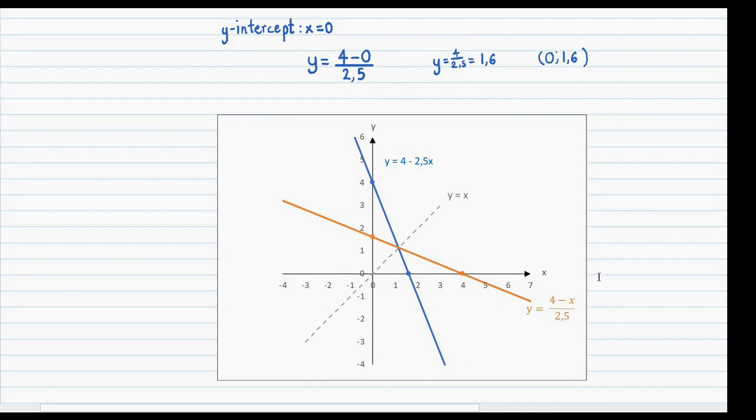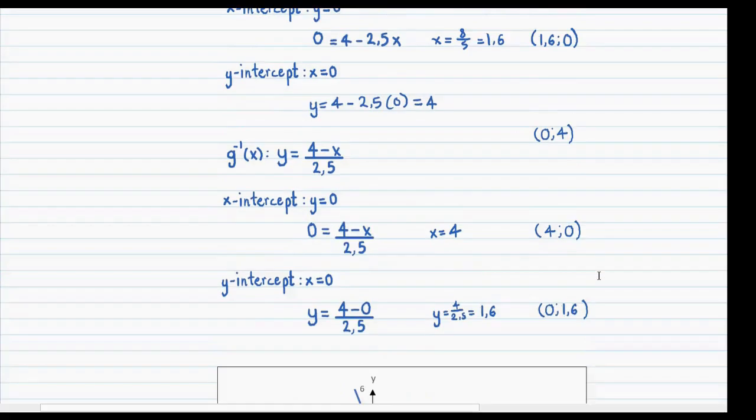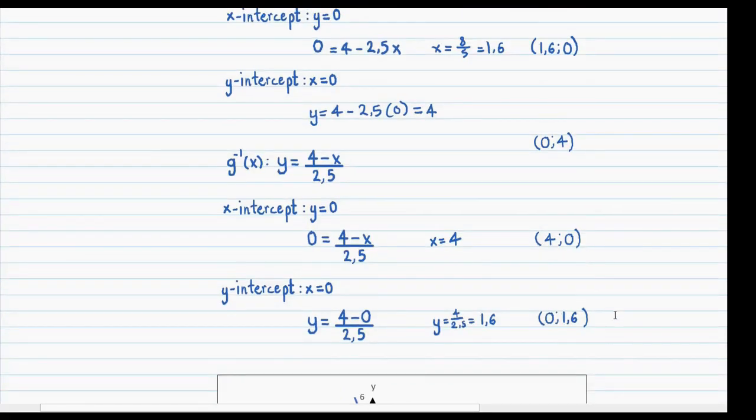Having the graph in sight, I'll bring up one interesting point. Looking back at the various coordinates for the different intercepts, you may have noticed they look pretty similar. For g, you have coordinates (1.6, 0) and (0, 4), whereas for g inverse you have (4, 0) and (0, 1.6).